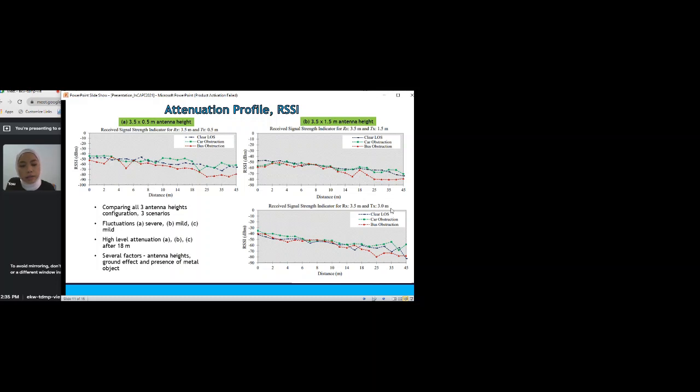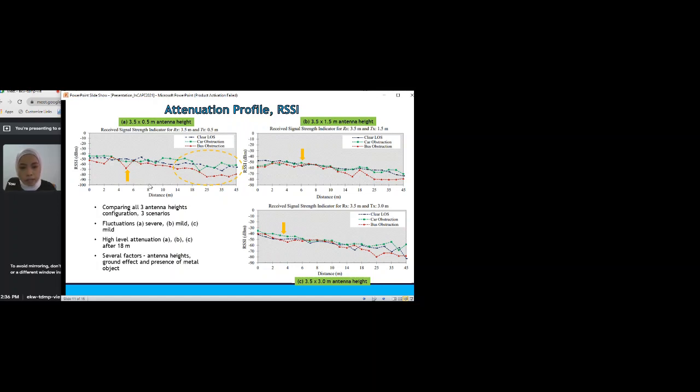So it shows that at the lower antenna height of 0.5 meter, the fluctuation is very obvious and severe, whereas at 1.5 and 3.0 meter, it's quite mild. This is because at 0.5 meter, a low antenna height, the signal experiences ground effect reflection.